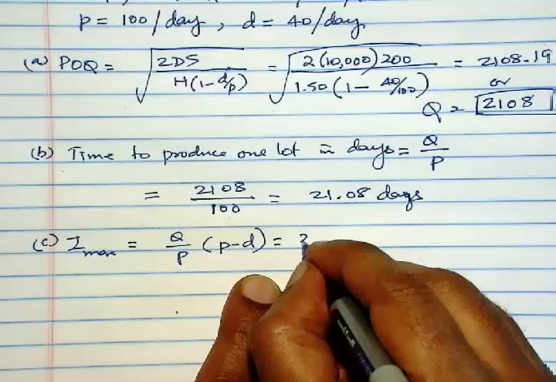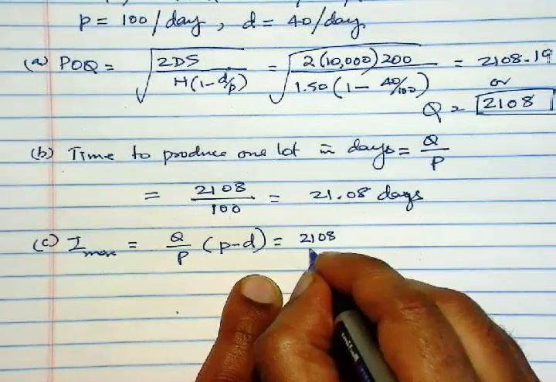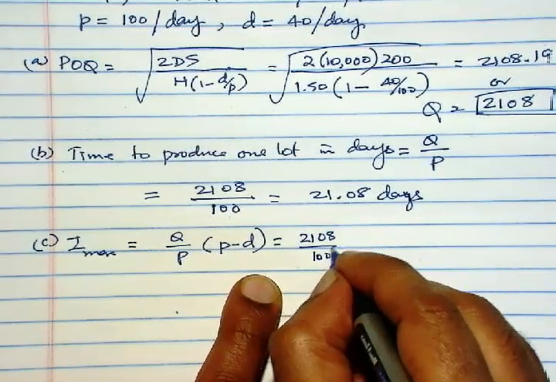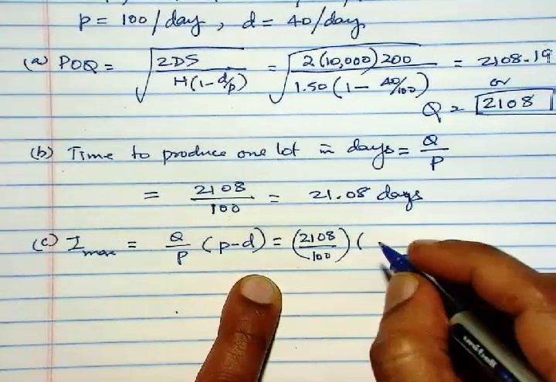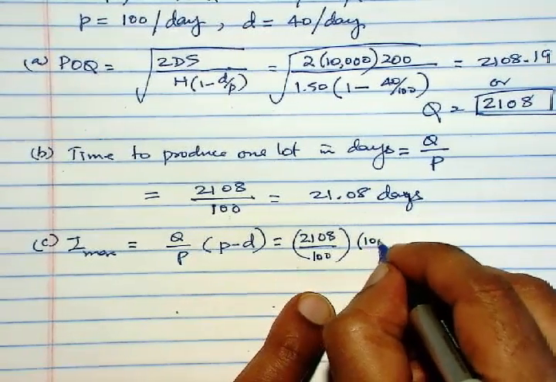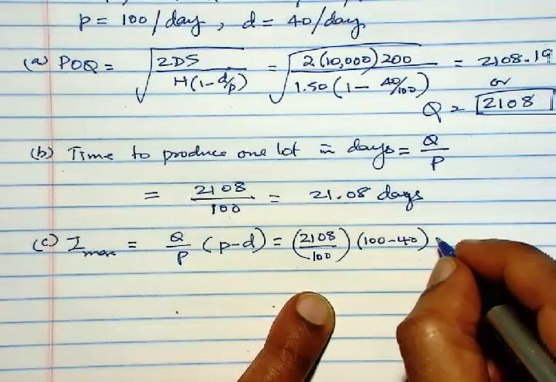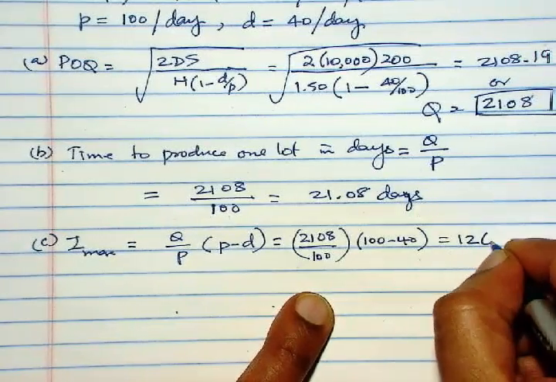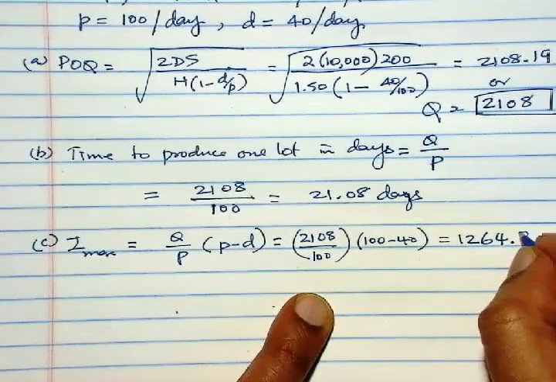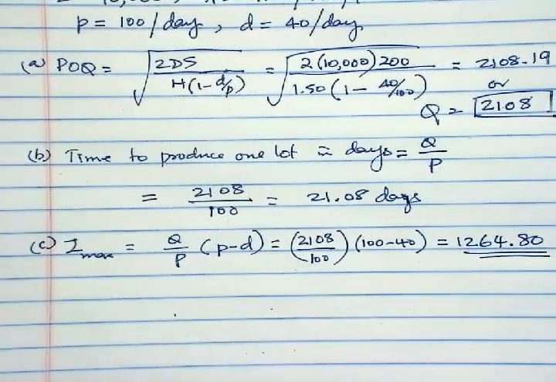So that is 2108 divided by 100, and then 100 minus 40. So this will give us 1264.8. So that is the maximum level of inventory that we will reach.